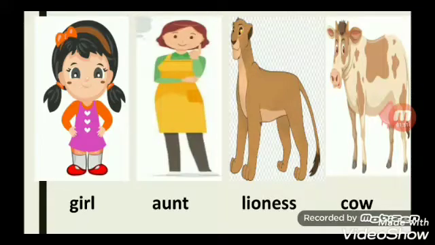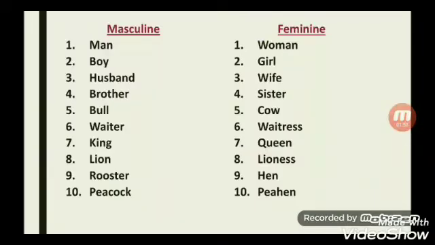Okay. Children, now have a look at these examples of masculine and feminine gender. First one, man is a masculine gender, so woman is a feminine gender. Boy, masculine gender, and girl is a feminine gender. Husband, wife.